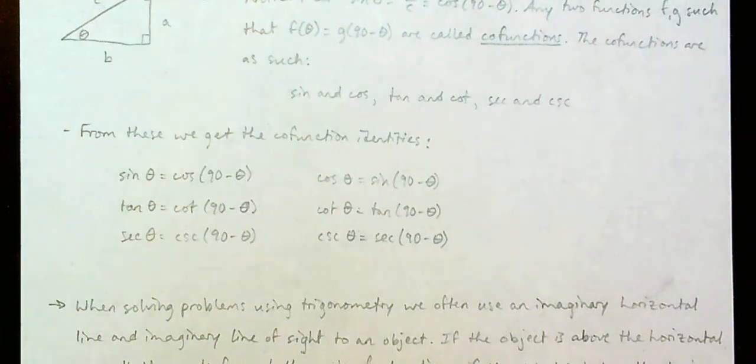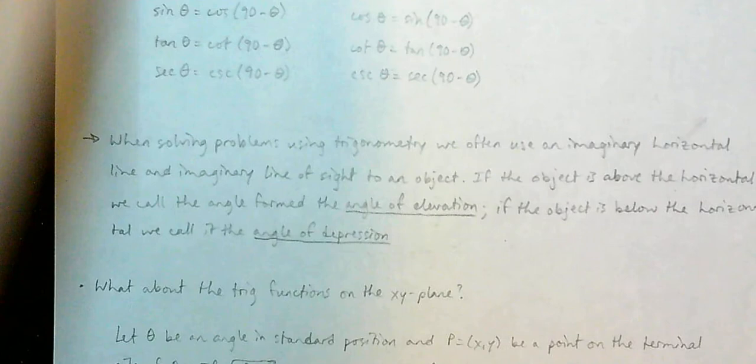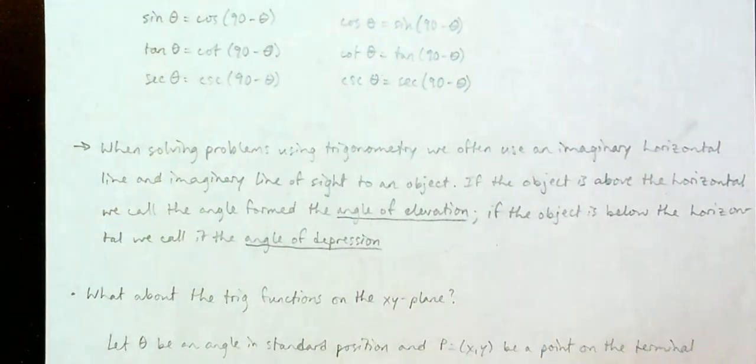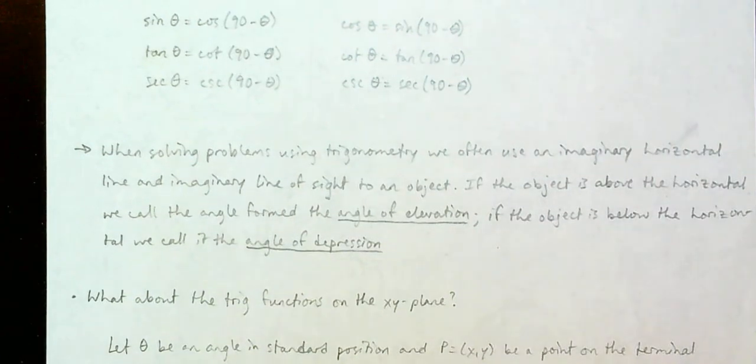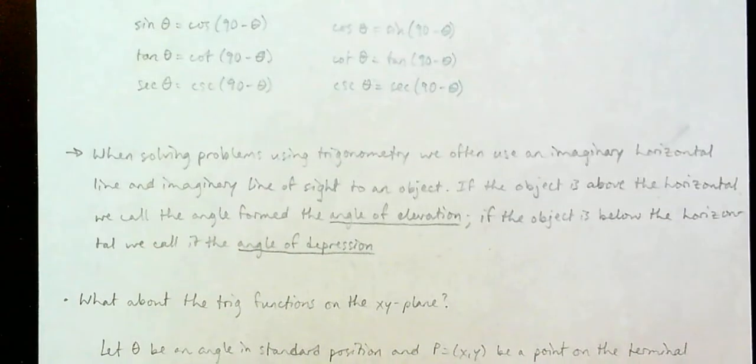But the last thing I want to talk about in this video is solving word problems using trigonometry. Typically, the types of problems that you'll see will involve some sort of pretend horizontal line and some pretend line of sight that you have to some object or to some part of an object.